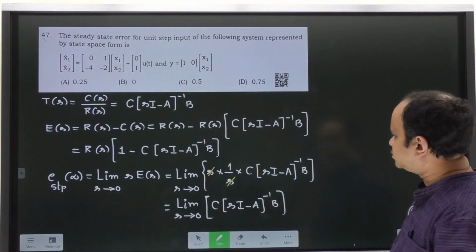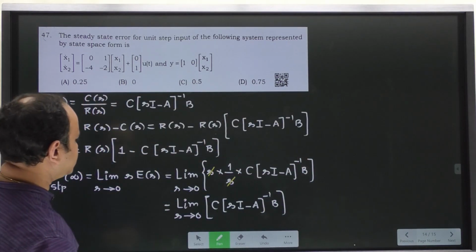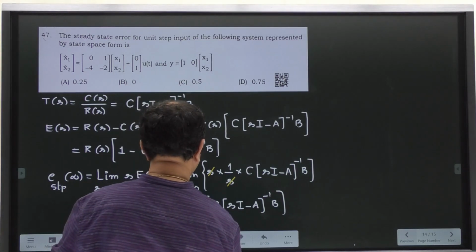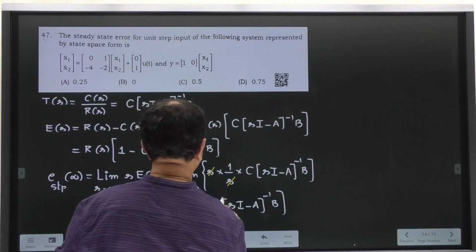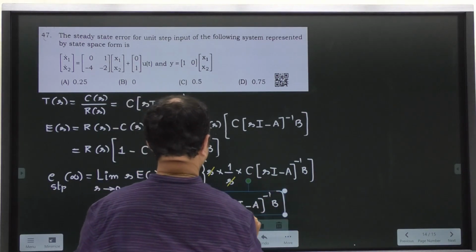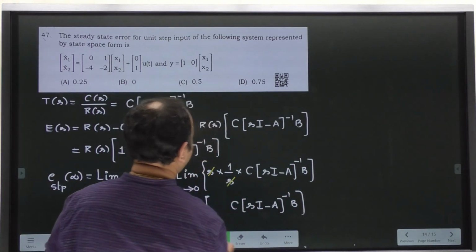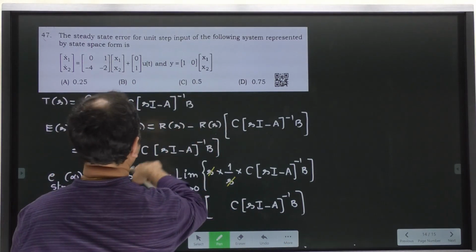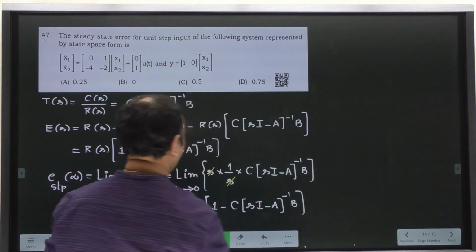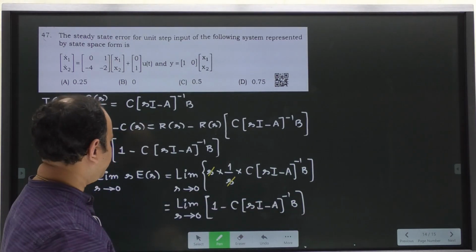Now, if you go back to the previous one, here there is a small correction. So what is that correction here? Basically when you take this common, this is 1 minus, I am sorry, 1 minus C into (SI minus A) inverse into B, right.